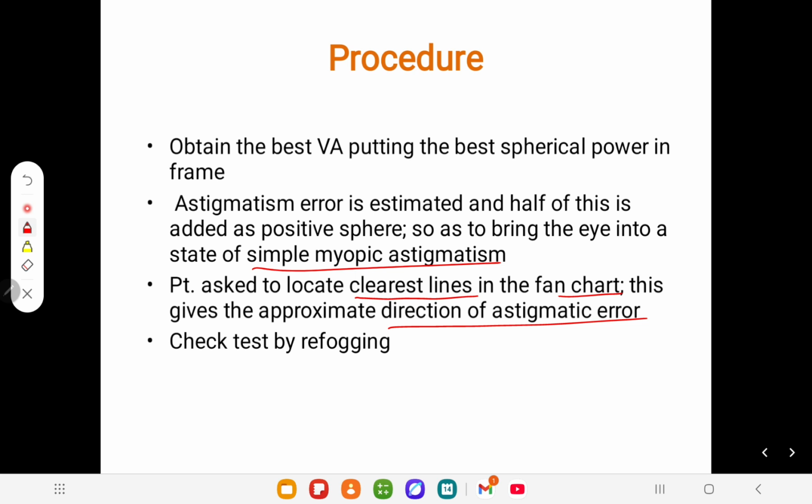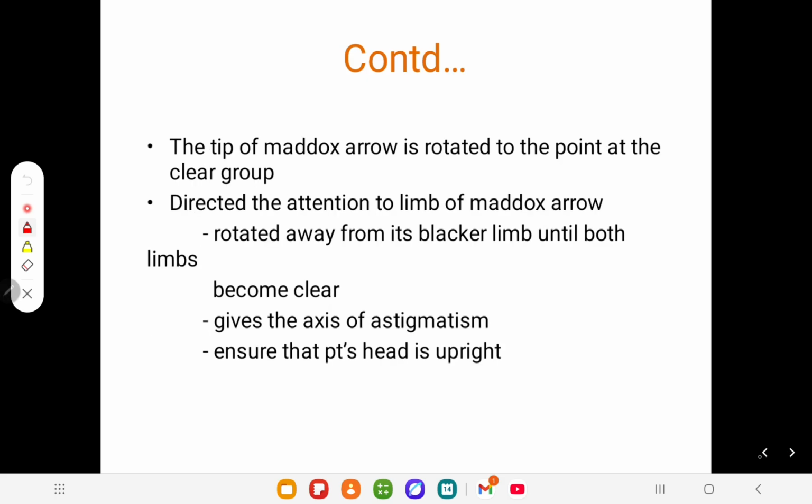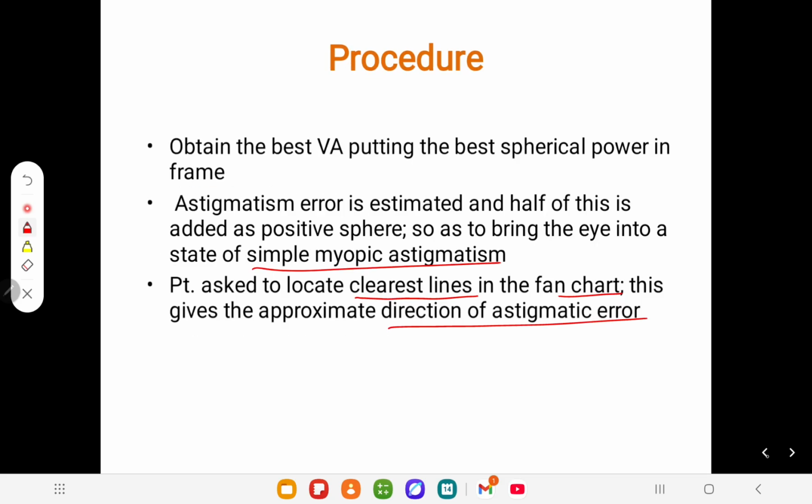Now we unfog slowly, and we ask the patient which line is clearer. Check the test by refogging. We can repeat it, and the tip of the Maddox arrow is rotated to point to the clearest group, because it's very important.